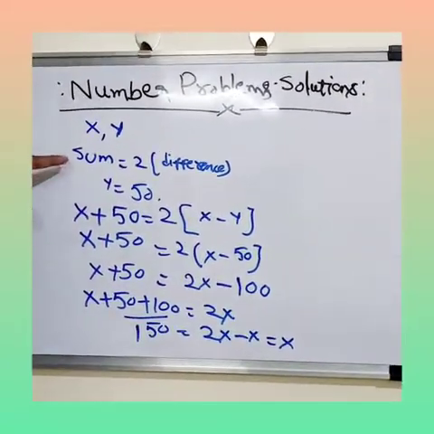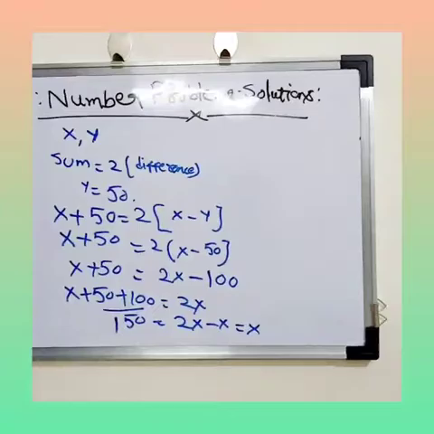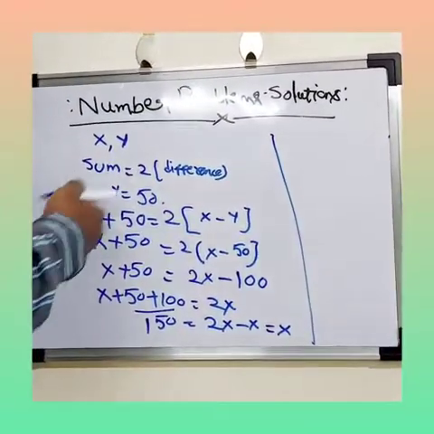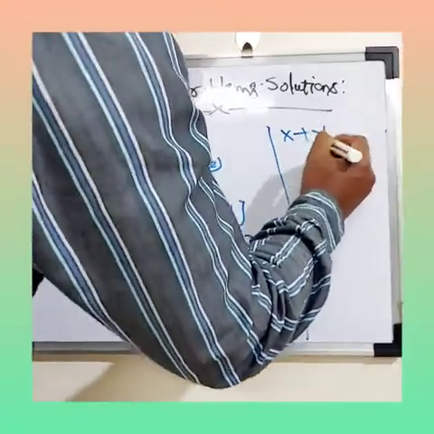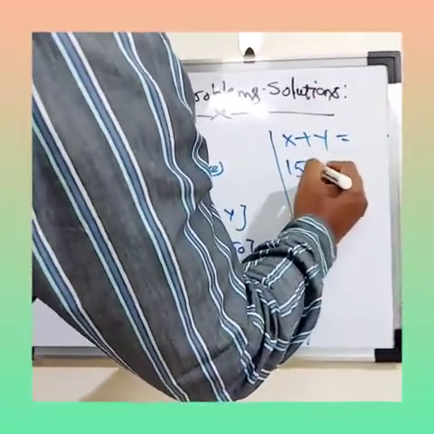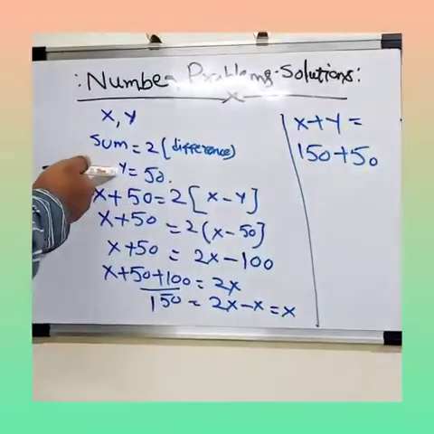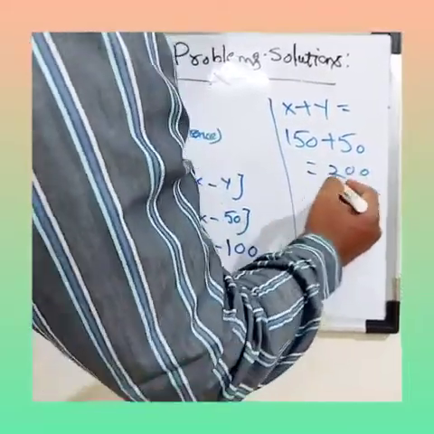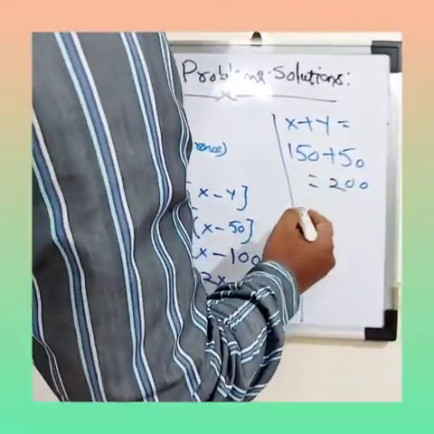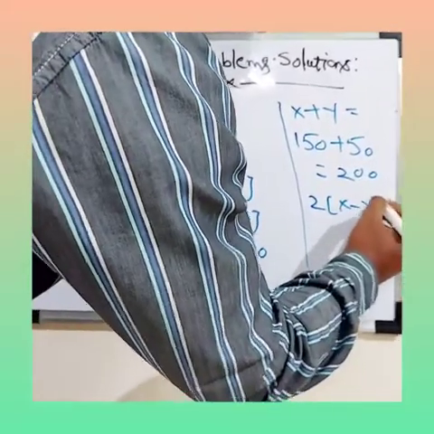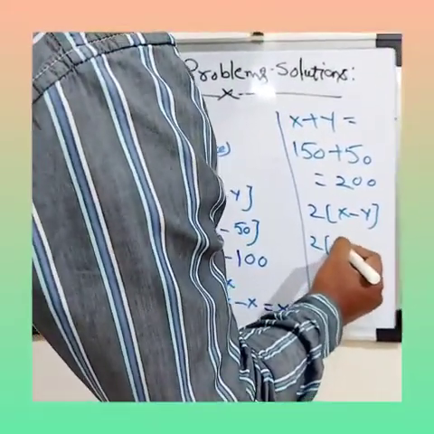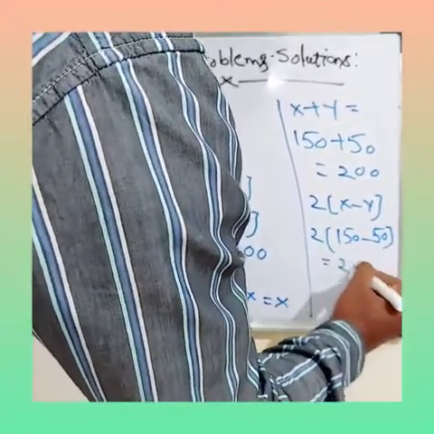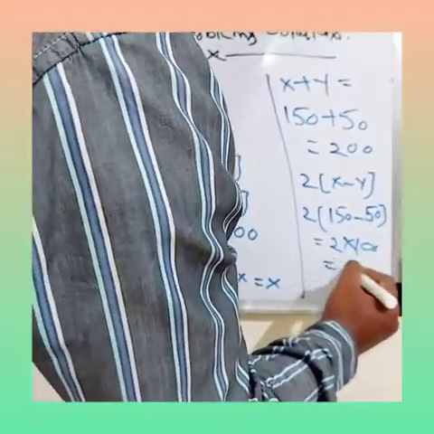So we will verify whether this sum is actually equal to twice the difference or not. The sum is x plus y, which is 150 plus 50, because in the problem the y value is given as 50. That is 200. The difference between these two numbers is 2 into x minus y, that is 2 into 150 minus 50, which is 2 into 100, that is 200.